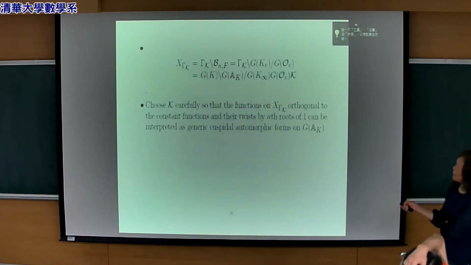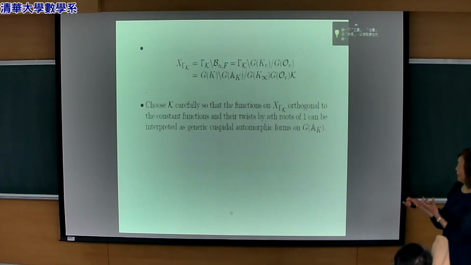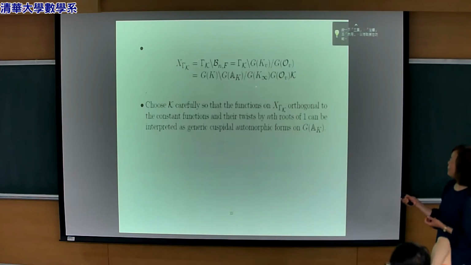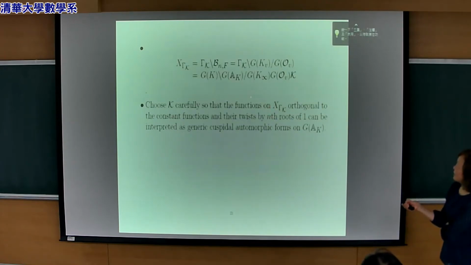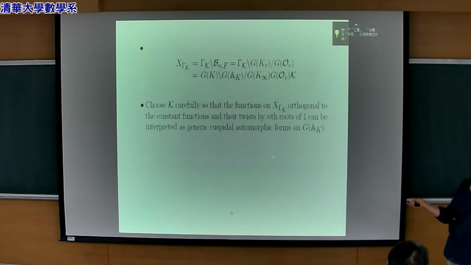So then we just have to choose this K very carefully, such that the functions on this finite quotient are orthogonal to the constant functions as well as the twists by roots of unity. They can be interpreted as generic cuspidal automorphic forms. Then we are done.